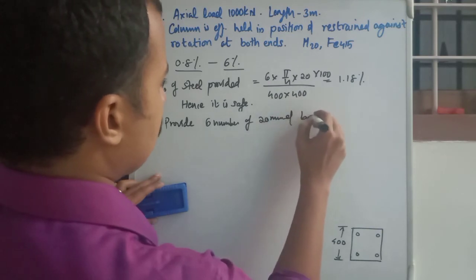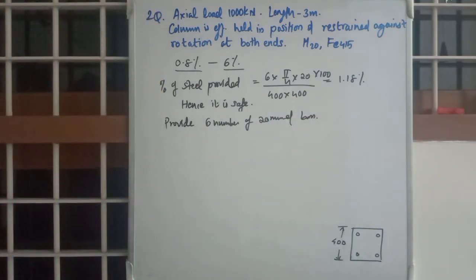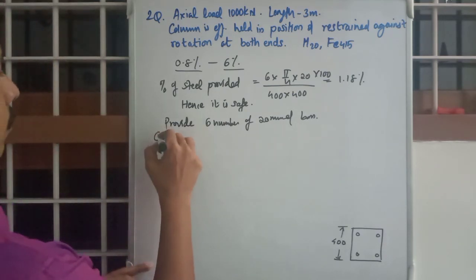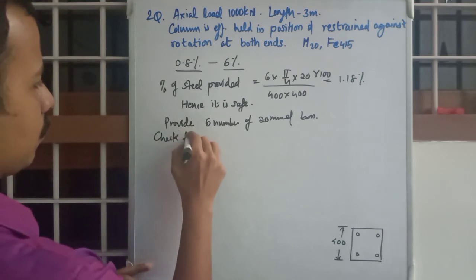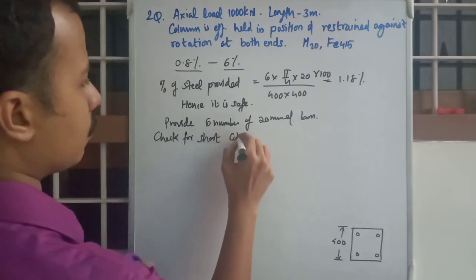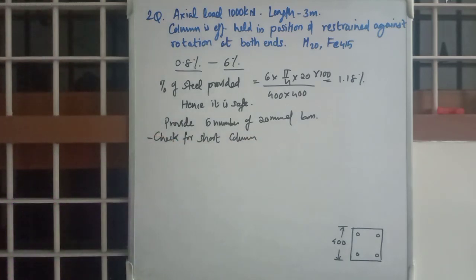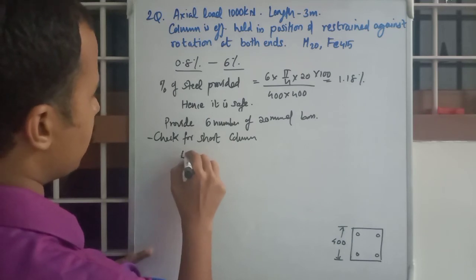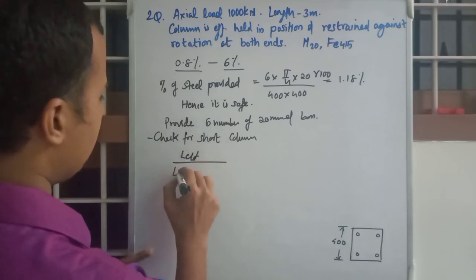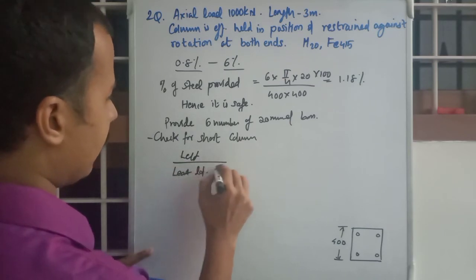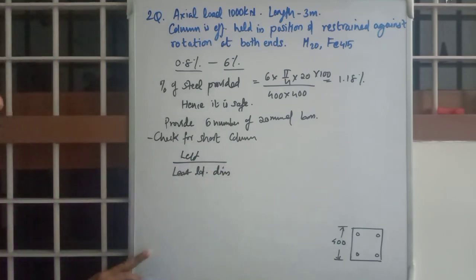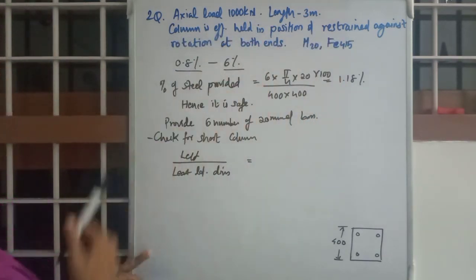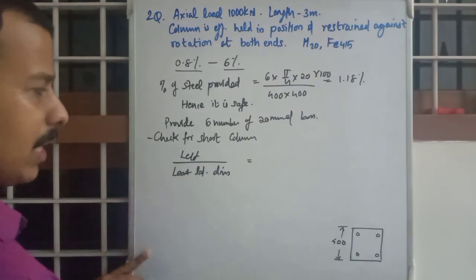Okay, so the next step is the same as the previous one. Check for short column. The check for short column is the slenderness ratio, L effective by least lateral dimension. Here this term comes into action as in page 91 from the table.